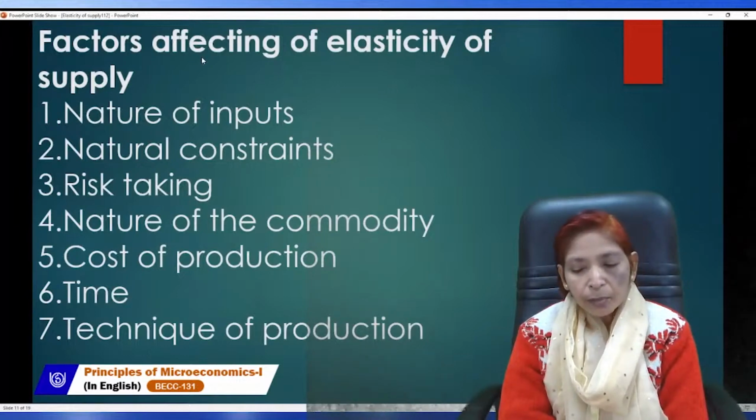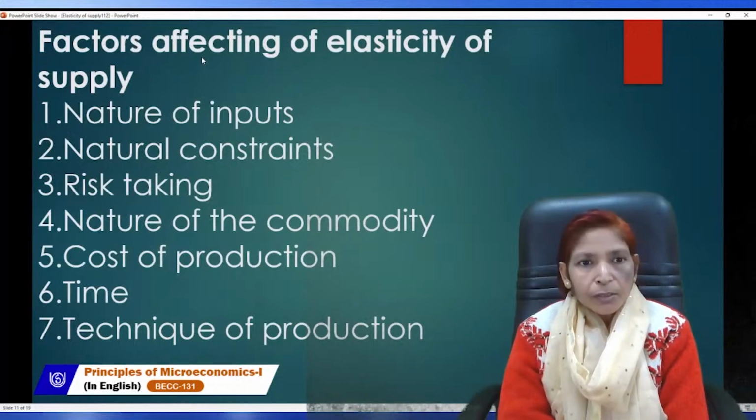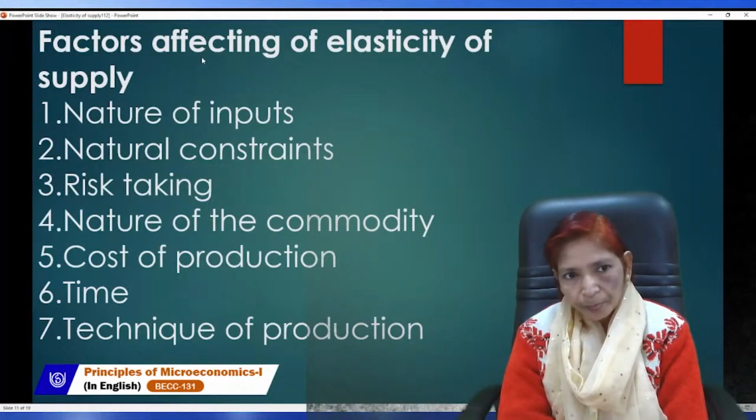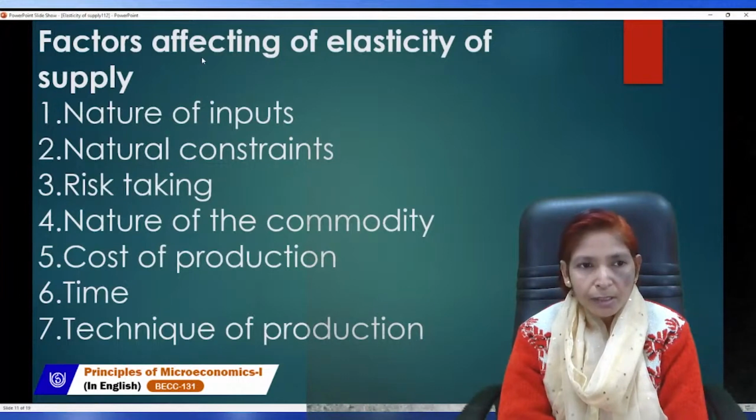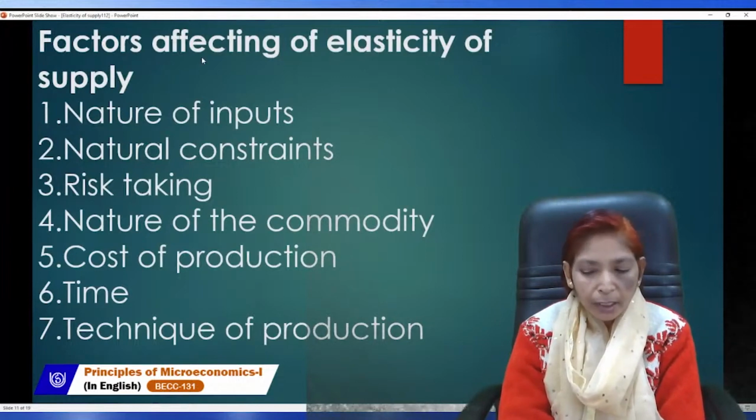And other secondary inputs are like raw material, electricity, fuel, etc. So many inputs we have to use for converting into output. So nature of inputs means inputs may be easily available or inputs may be rare.